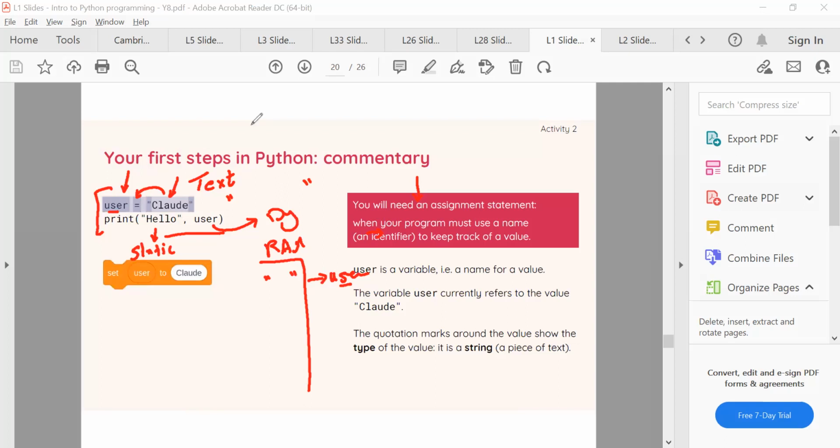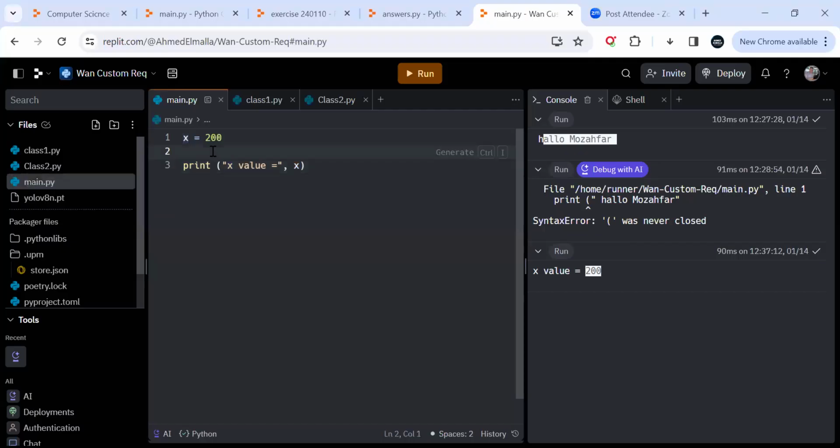So if we quickly go here in the code, I put here user. Can you see my screen? Yeah. Good. I put Muzaffar like that, and then I will tell it to print hello Muzaffar.